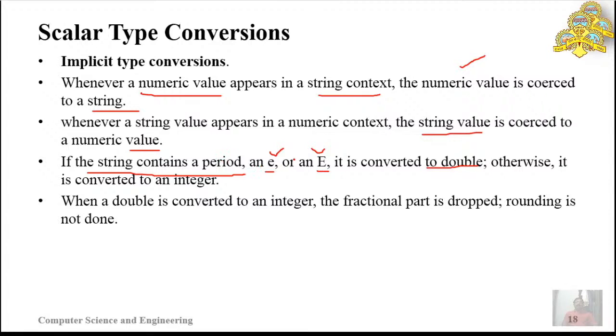If a period or E does not exist, then it converts it into an integer. Whenever a conversion from double to integer is done, the fractional part is dropped and rounding is not done. So if 10.9 is converted into integer, we will get 10, not 11, even though it is very near to 11.